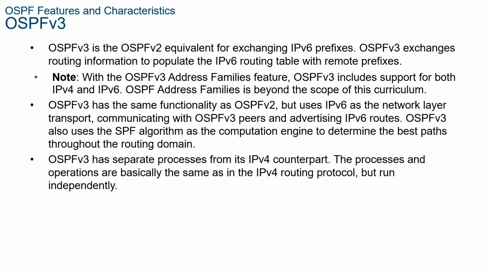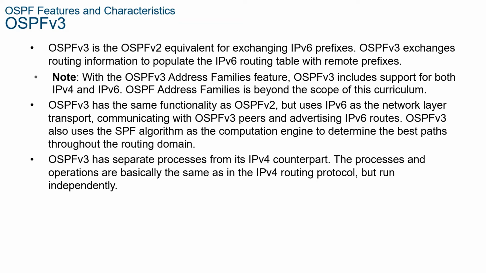Take note that with the OSPF version 3 address families feature, OSPF version 3 includes support for both IPv4 and IPv6. OSPF address families is beyond the scope of this curriculum.